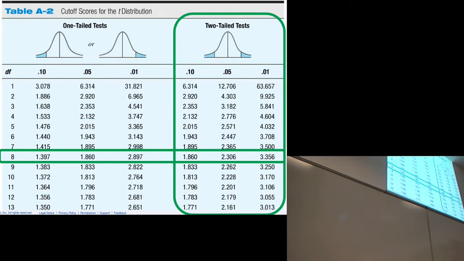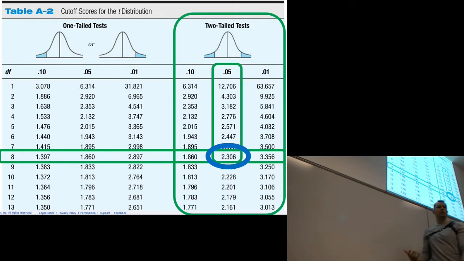And then our last piece of information is our alpha level. We have an alpha level of 0.05. That allows us to limit ourselves to this column right here, and we look where all of those intersect, and there's your cutoff score. So to read this table, you need those 3 pieces of information.